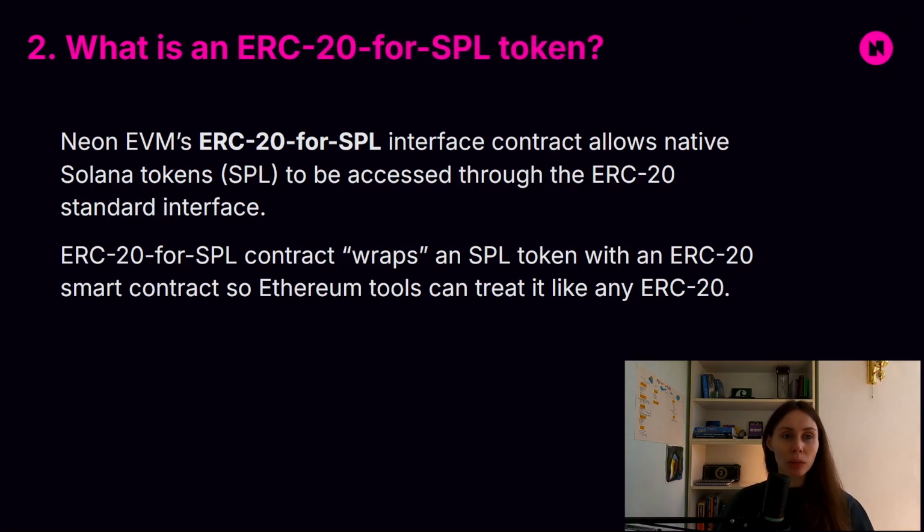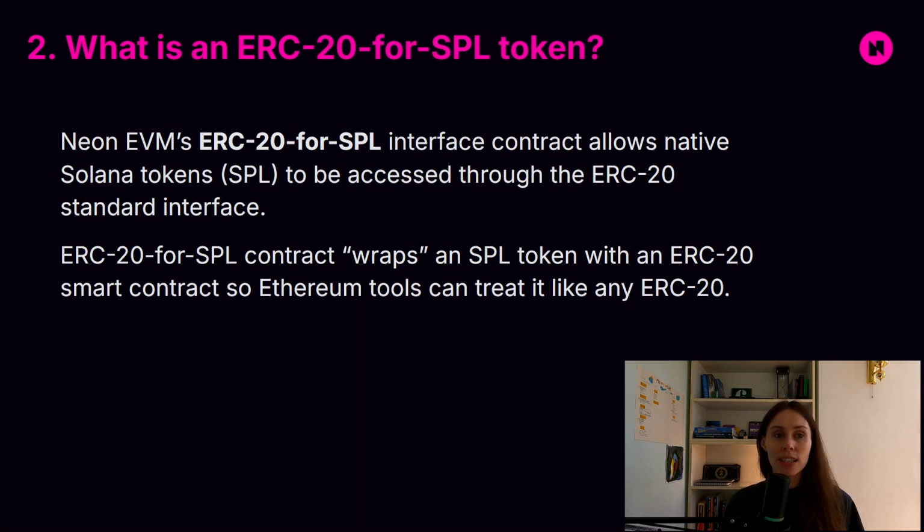Now let's talk about our main topic, which is an ERC-20-for-SPL token. This is a hybrid token unique to Neon EVM. You know that normally Ethereum and Solana have separate token standards, ERC-20 for Ethereum and SPL on Solana. Now, Neon EVM's SPL interface allows native Solana tokens, SPL, to be accessed through the ERC-20 standard interface.